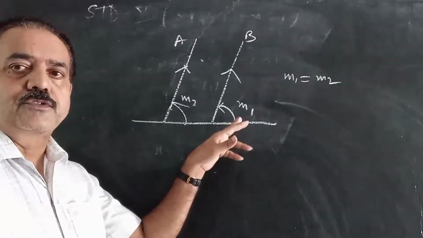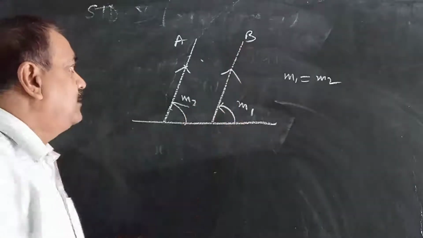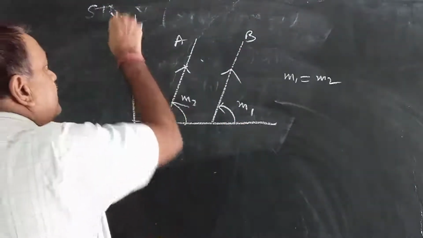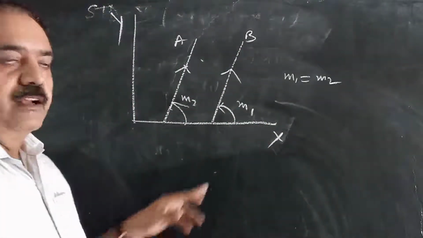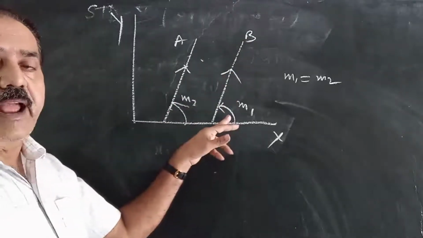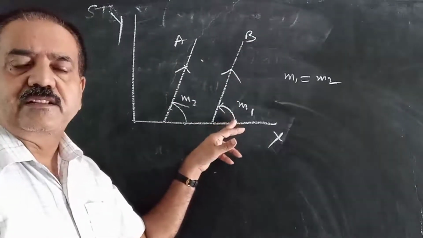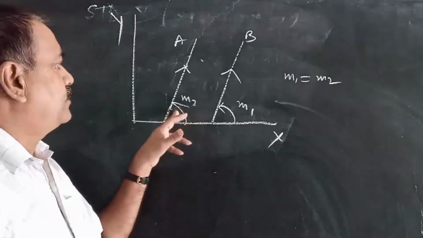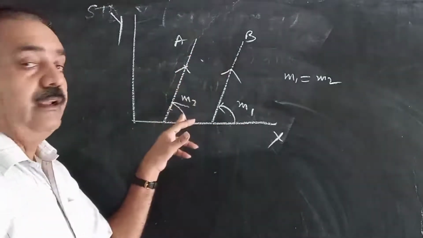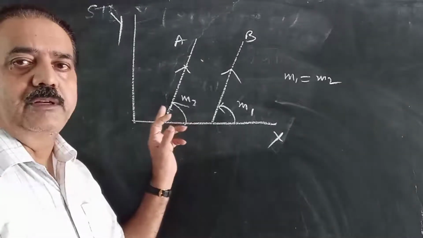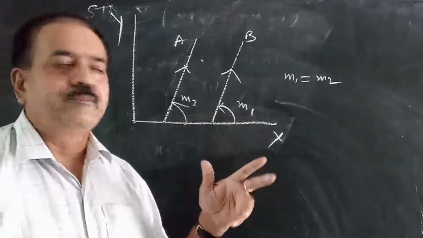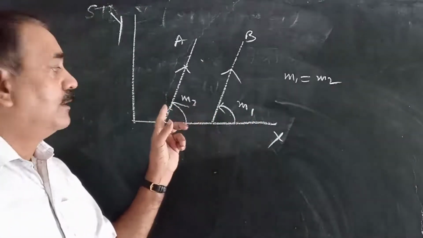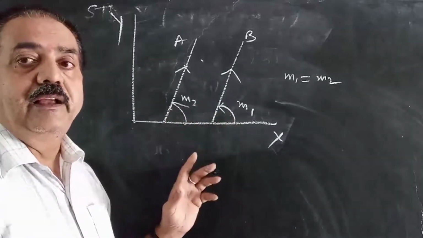This is slope. Why do we call it slope also? Because this is the y-axis, this is the x-axis. This straight line makes an angle with the x-axis in the positive direction, that is slope. This is also the angle made by the line A with the x-axis in the positive direction. This is also slope, but they are corresponding angles also.